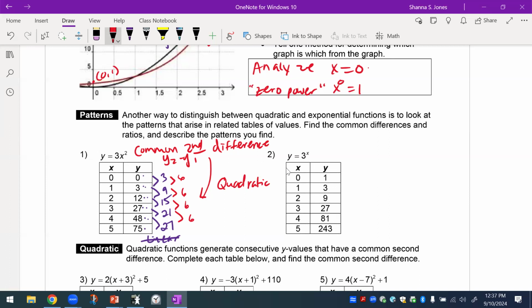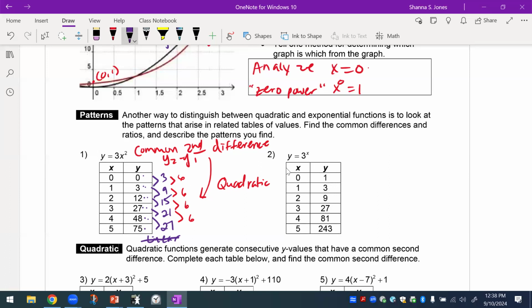How's that? Easy enough? Since they're all sixes, that means it's a quadratic. But if you did the other one, it wouldn't be all sixes. If this had all been the same, then it would have been linear because it only took you one difference. But the first difference wasn't the same, so it's not linear. So it's not a degree of 1, it's a degree of 2, which is called a quadratic.